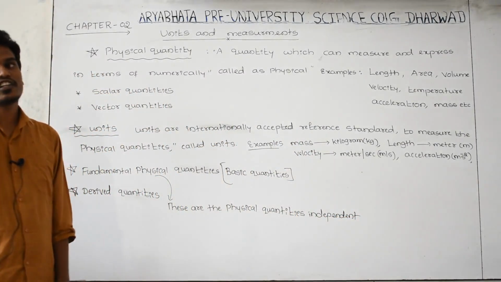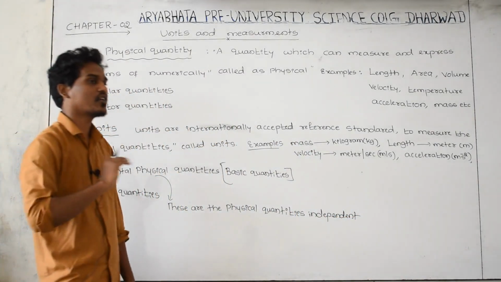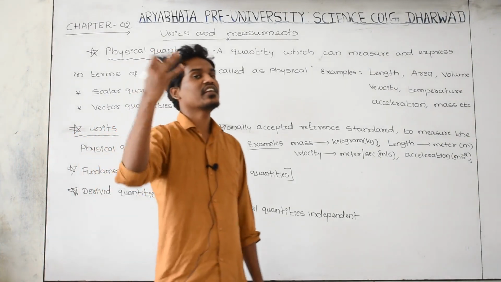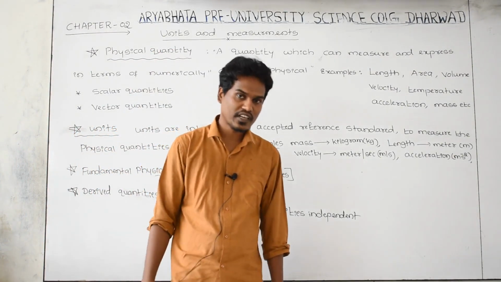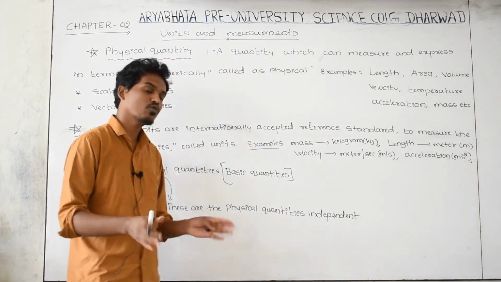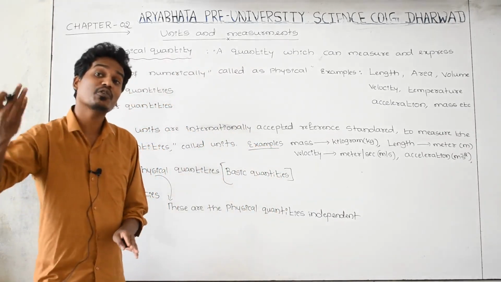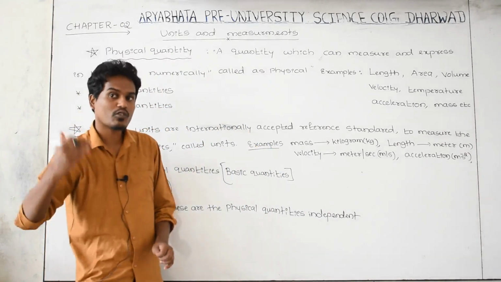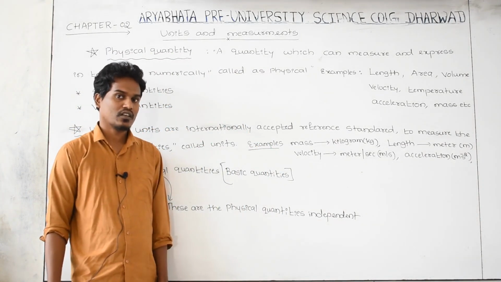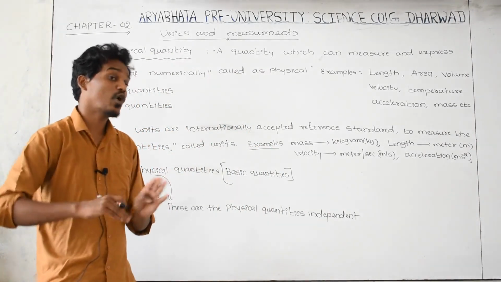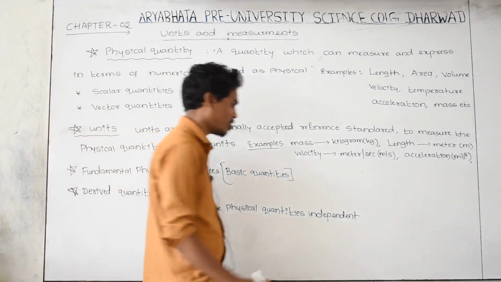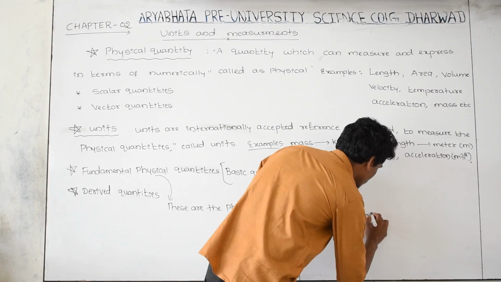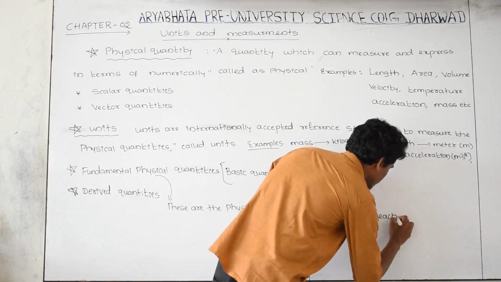Some physical quantities are there, those physical quantities are not depending upon any other quantity. They are independent, and those units we cannot derive from other sources, meaning other quantities. They are independent, not depending upon other quantities.